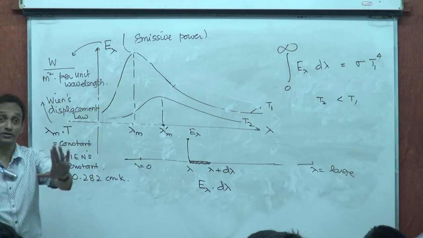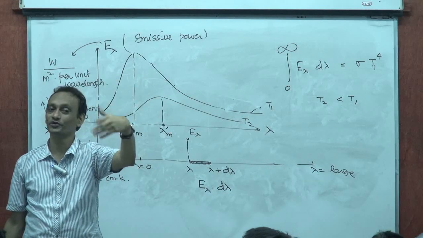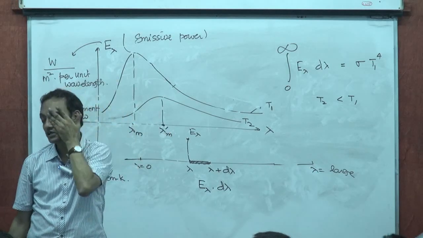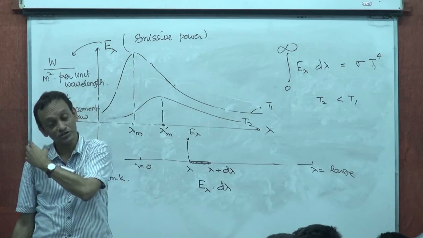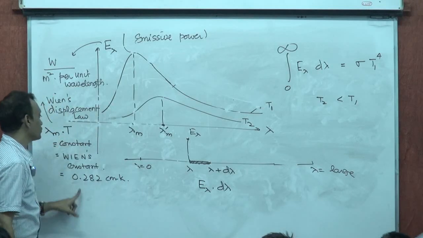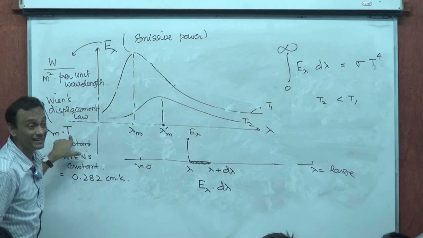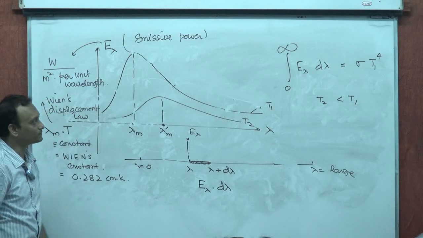Again, there is a formal mathematical proof of this. Just in case you want to know, I can share the material with you, but this is not purely experimental. It has a proper formal mathematical proof, right? Lambda m into T equal to constant, where T, of course, remember, must be in Kelvin. So this is Wien's displacement law.